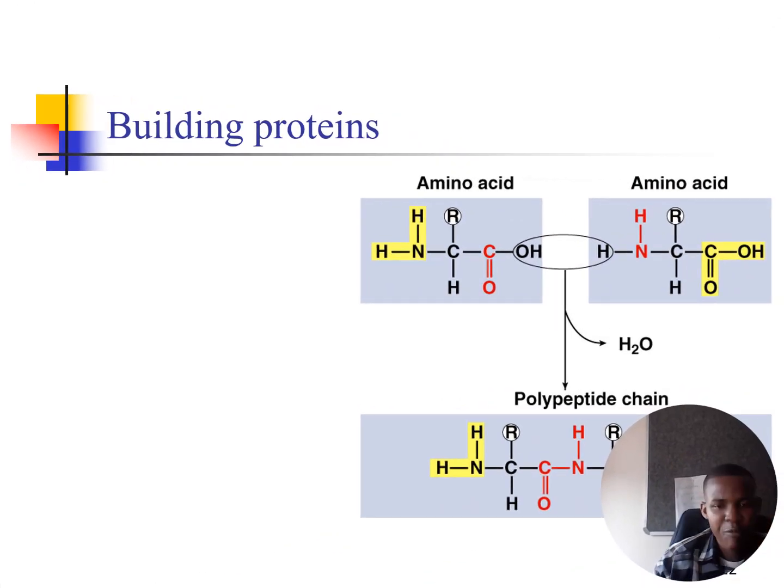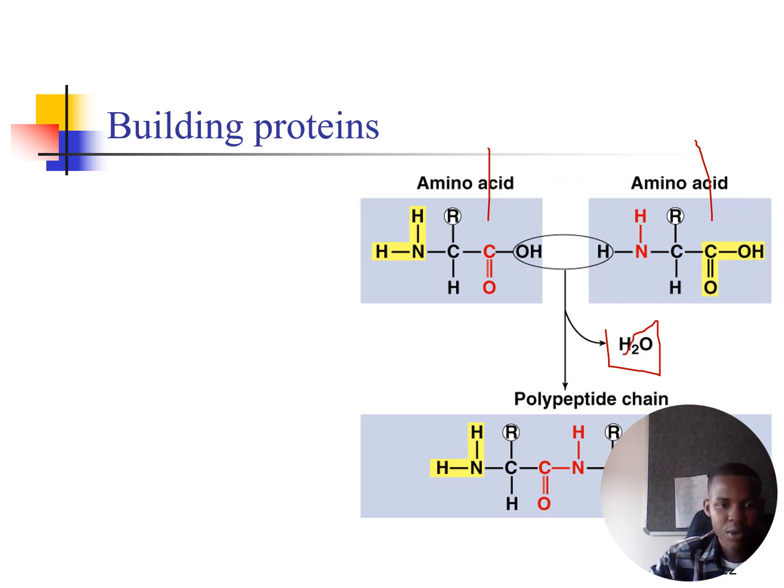Building blocks of proteins: whenever you build a protein, an amino acid and an amino acid have to come together to form a polypeptide chain. The reaction there is a dehydration synthesis. Why do you call this a dehydration synthesis? Because water is lost during the reaction.